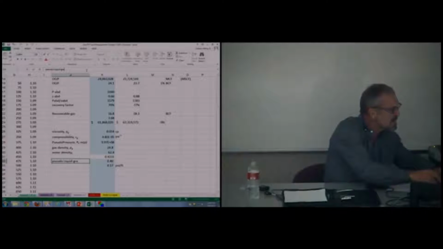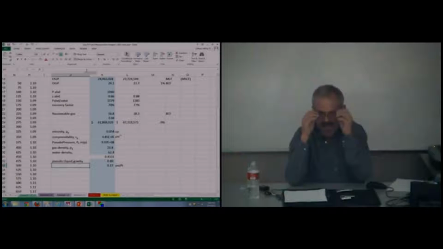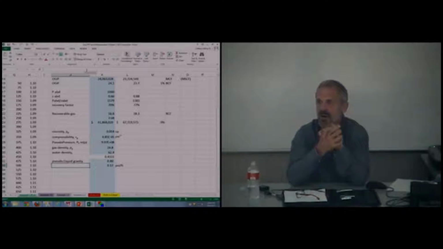Okay, oops, that was on. So any liquid has a liquid gravity. It's relative to the gravity of water.